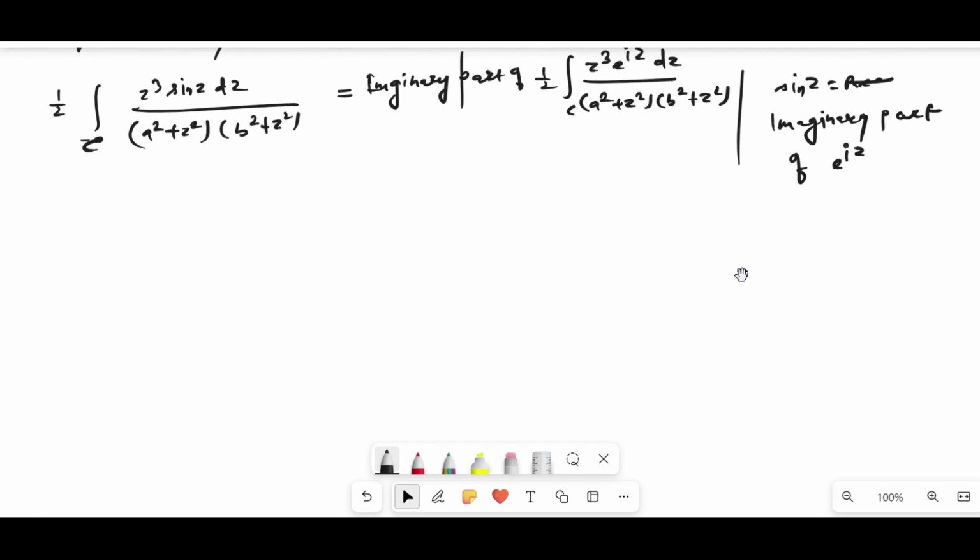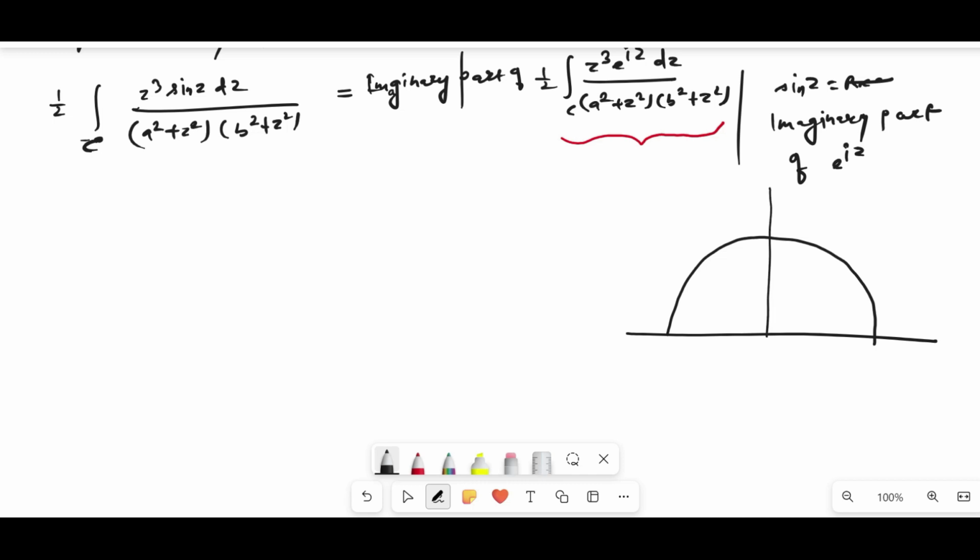Now we will solve this integral by using the Cauchy residue theorem. Let us draw the diagram, that is the upper half circle.